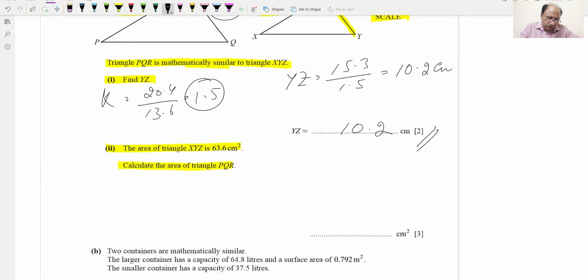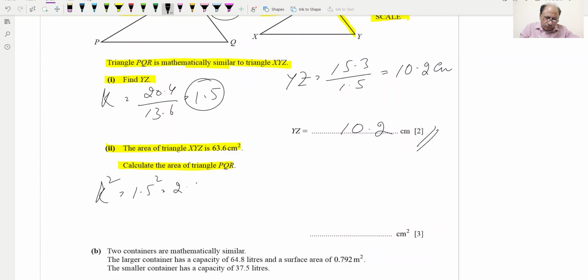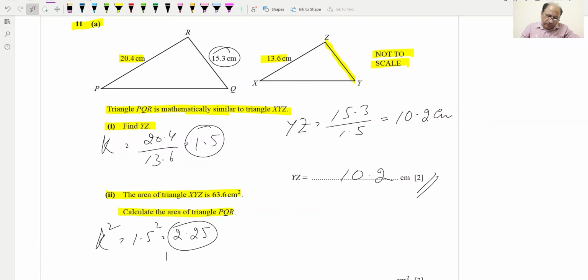So we will be using the square of K, which is 1.5 squared, and 1.5 squared is basically 2.25. So 2.25 we will be using. Now it is given that the area of triangle XYZ is 63.6 centimeters squared, and we need to find the area of this triangle.